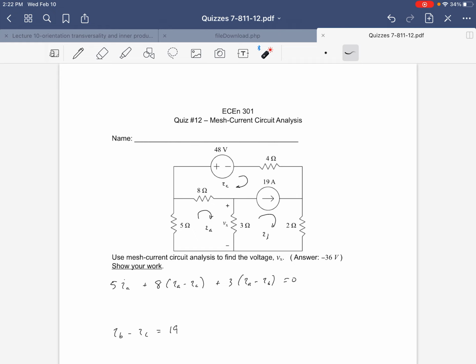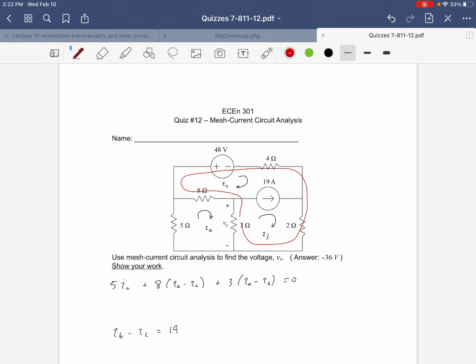So the second equation is basically going to be going through this voltage loop. So let's just kind of do it in our heads first. It's going to be 3 times (IB minus IA), and then 8 times (IC minus IA), and then plus 48, and then plus 4 times IC, and then 2 times IB.